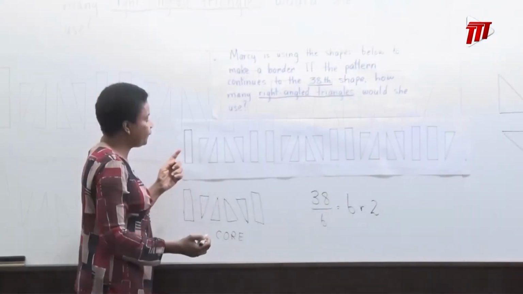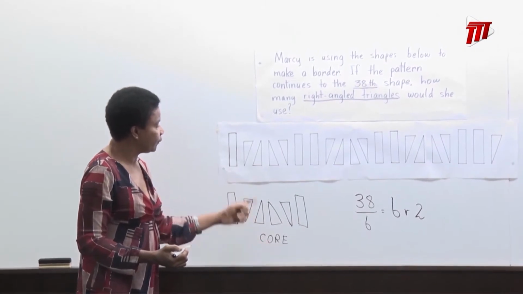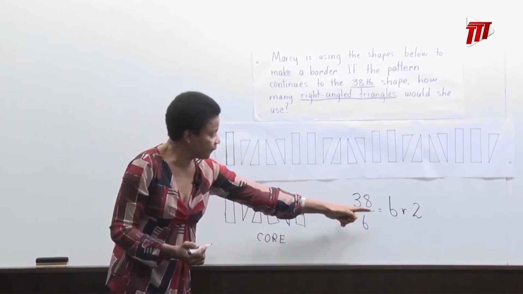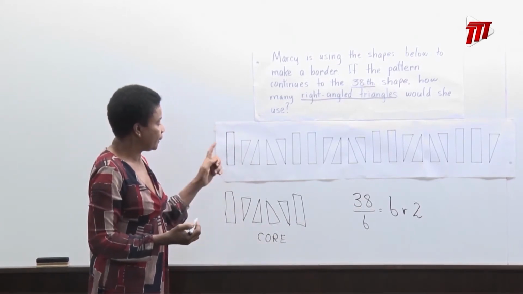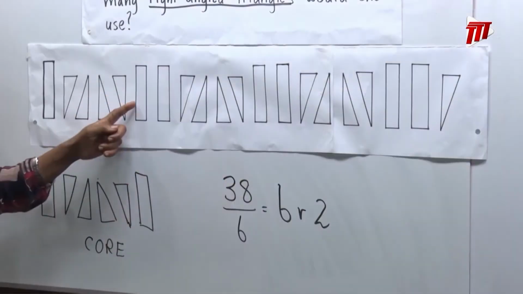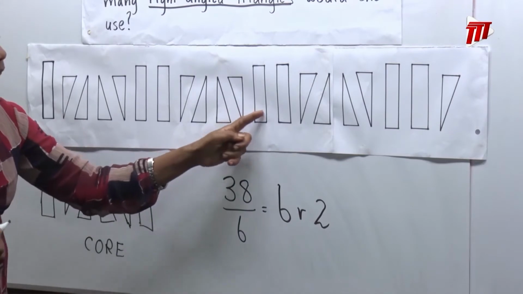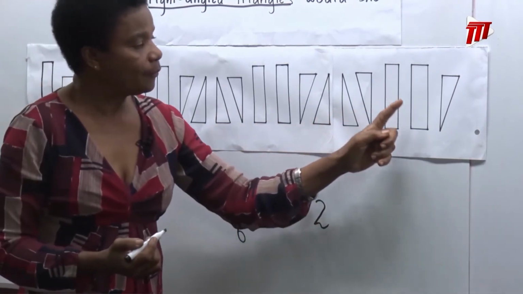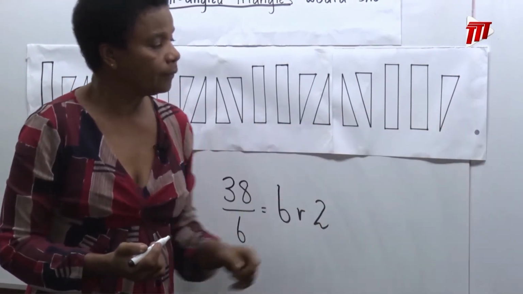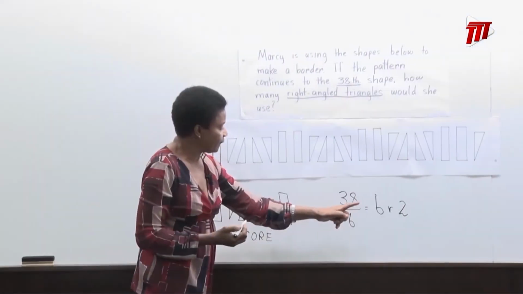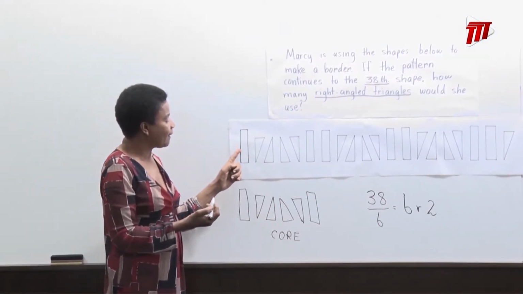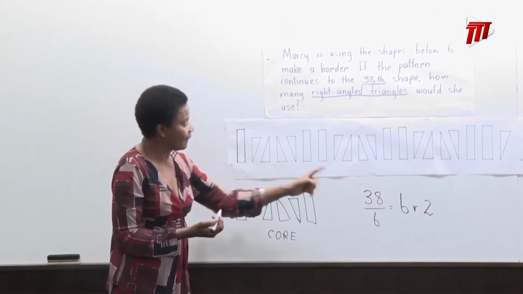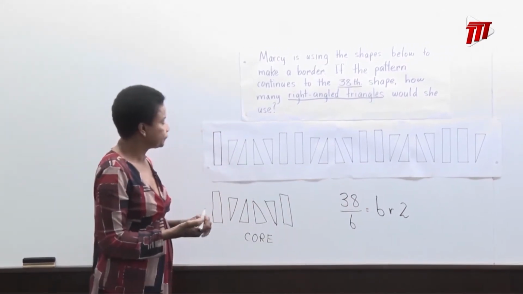So we need 6 cores to make 36, and there will be 2 extra shapes. Let's go: 1 core, 2, 3, and we will need to get 3 more. So that will give us 36. And the extra 2 will be the start of the 7th core.